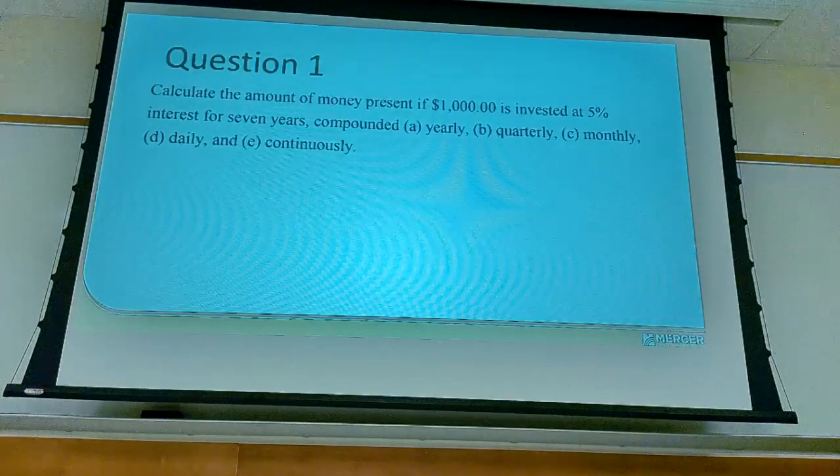So 7 years, we're going to calculate how much money the account will have after those 7 years under different compounding scenarios. The purpose of this problem is to show you the effect of the number of compound periods on compound interest. Generally speaking, you're going to have 3 factors that affect it.